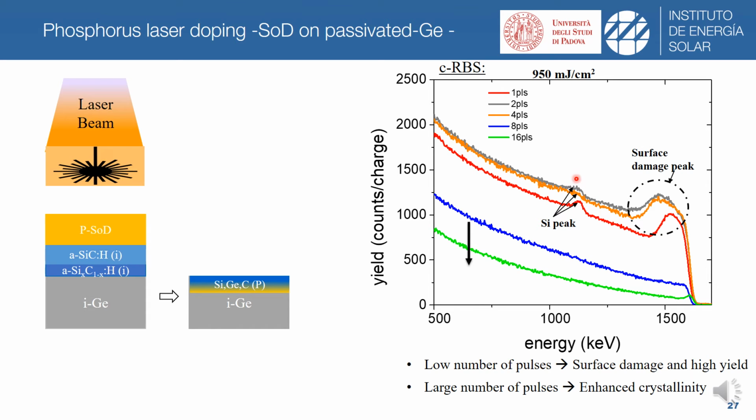This silicon peak could have disappeared because of a lower concentration of silicon, and also because at the beginning it's possible that silicon is introduced at interstitial sites and later at substitutional sites, and that's why it cannot be detected by this technique. This means that at a low number of pulses, most probably the epitaxial recrystallization is hindered by the high amount of silicon or by its introduction in interstitial sites.